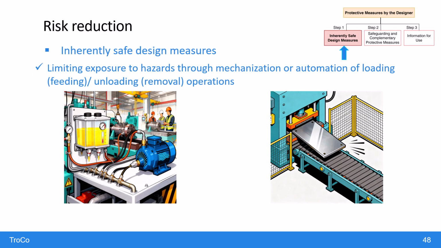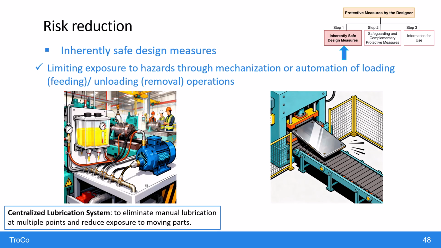As a final point on inherently safe design measures, let's look at mechanization and automation. Mechanization still involves the operator, but it removes the most hazardous manual steps. A good example, a centralized lubrication system. Instead of workers applying grease close to moving parts, the system distributes lubrication from a central pump.